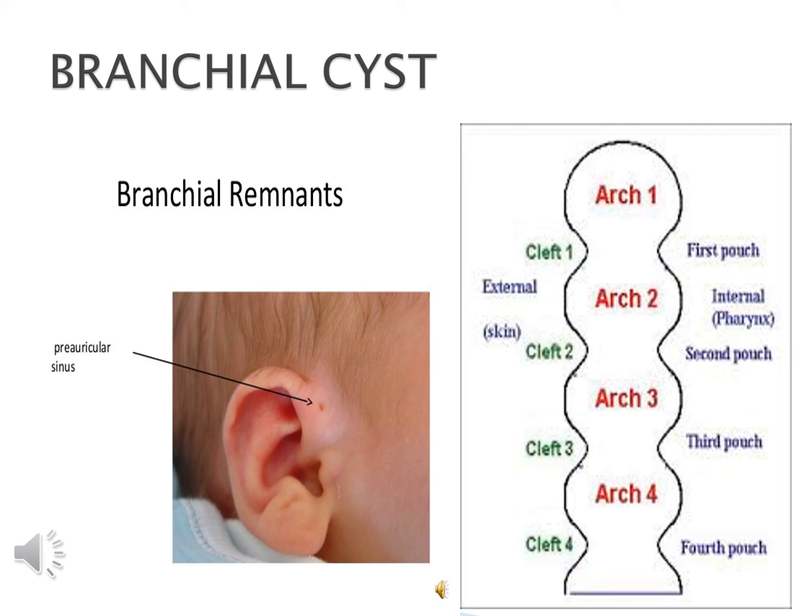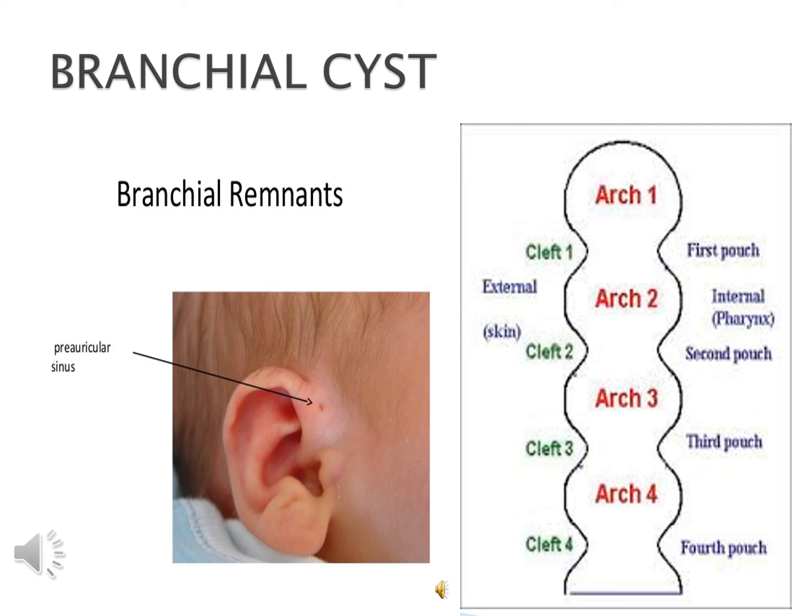As we said before, the 5th arch is obliterated or atrophied. The remaining are 1, 2, 3, 4 and 6. With further development of the embryo, the 4th and 6th arches fuse together, forming the remaining 4 arches: arch 1, 2, 3 and 4.